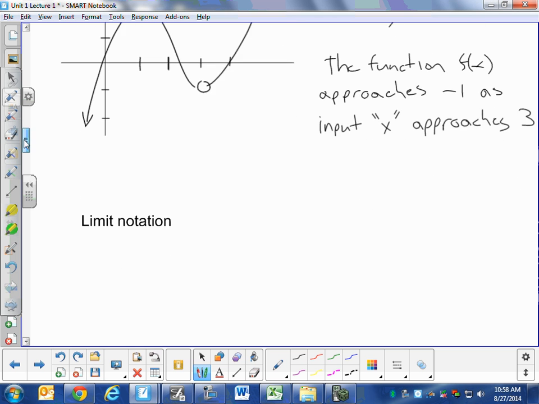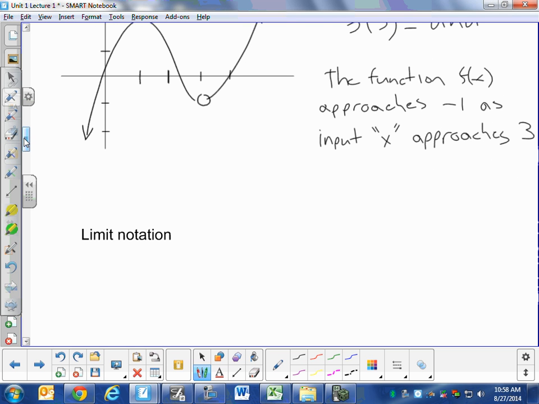Cool. That brings us to limit notation, not having to write this statement out all the time. There's shorthand mathematical notation. We say lowercase lim, that stands for the limit. And underneath the lim, we do x, an arrow, and a c.